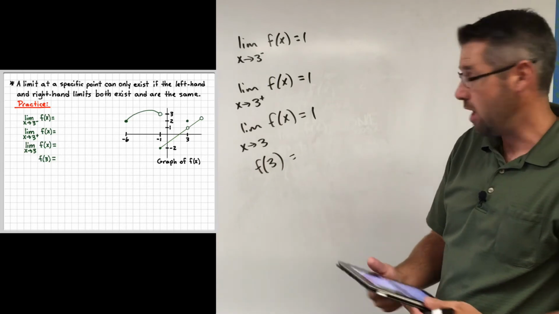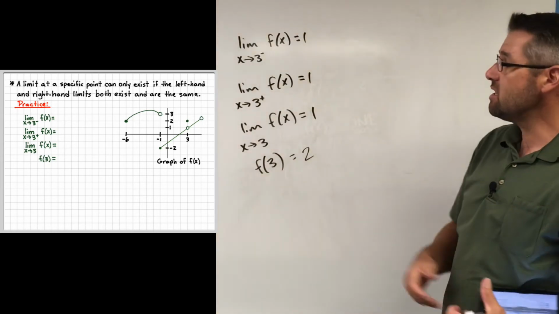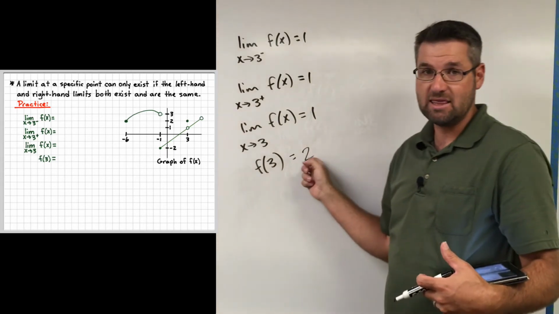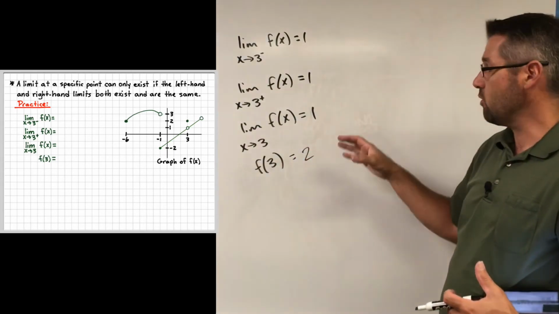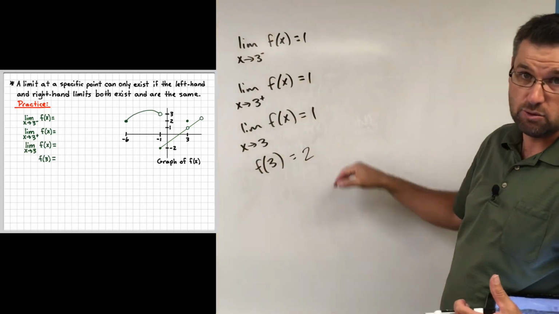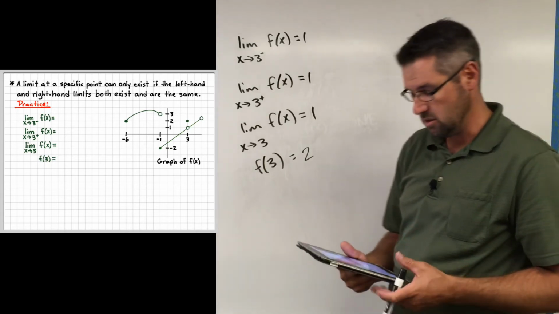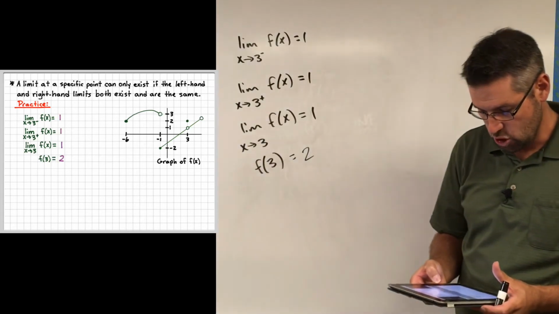It is that dot. And so we can say f of 3 is 2. So you can see that the limit might be one value, but the function at that point might be a different value. We're going to get more into this later on, but this means the function's not continuous at that point, and you can see that it's not continuous at that point based on what you've known from the past. All right, so 1, 1, 1, and 2.